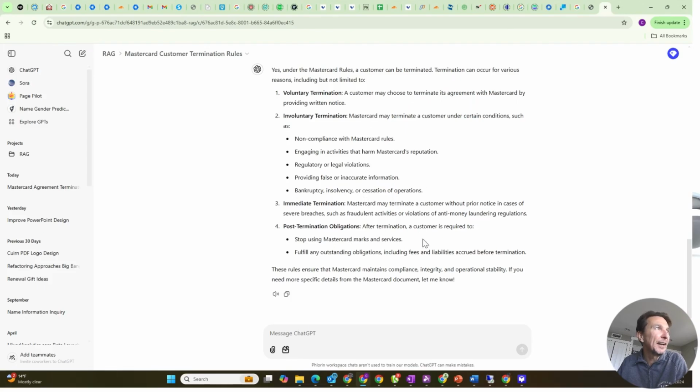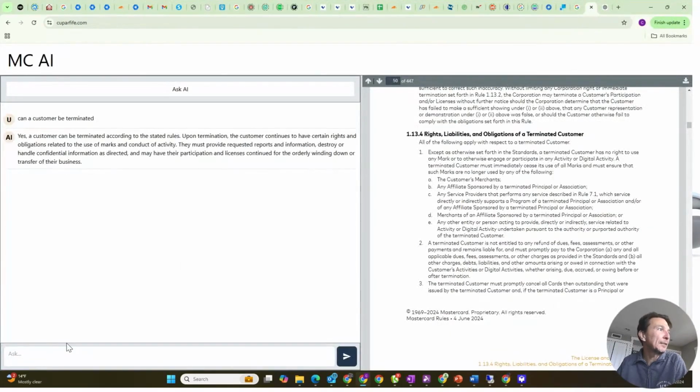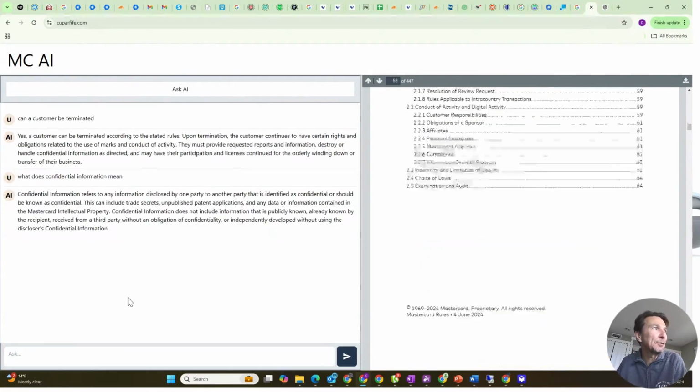It's just saying, hey, yeah. So it's not too bad. I think ChatGPT probably gives more information, but if I go back to the UI I built, it basically shows the PDF, which is interesting.